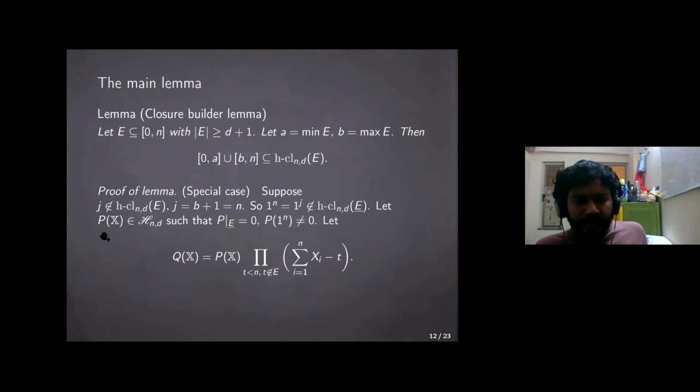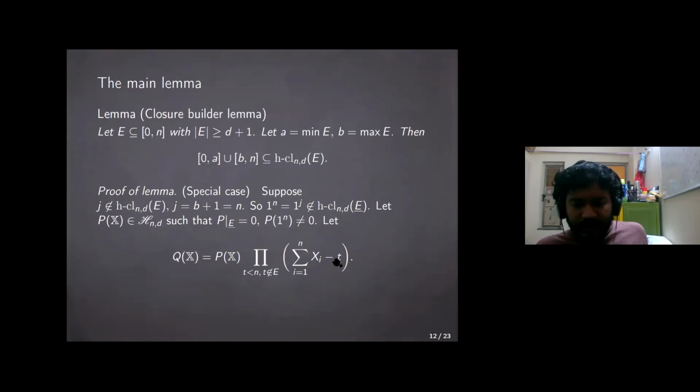I start with the original hyperplane arrangement and add a few more hyperplanes so that the modified arrangement covers every layer from 0 to n minus 1 and still excludes the all ones point. That is exactly what I mean by this multiplication of linear factors.